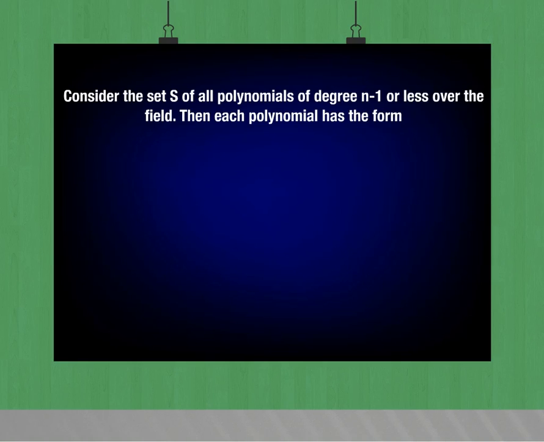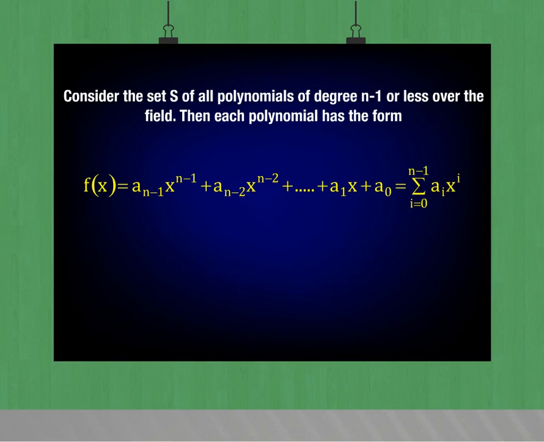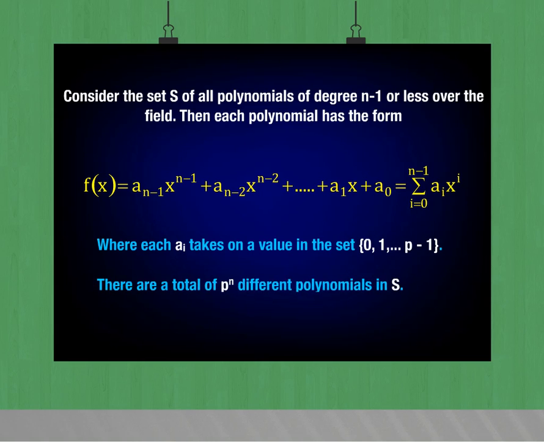Then each polynomial has the form f of x is equal to a n-1 x power n-1 plus a n-2 x power n-2 and so on up to a1 x plus a0, which is equal to the summation of a i x power i for i from 0 to n-1, where each a i takes on a value in the set 0, 1 and so on up to p-1. There are a total of p power n different polynomials in S.